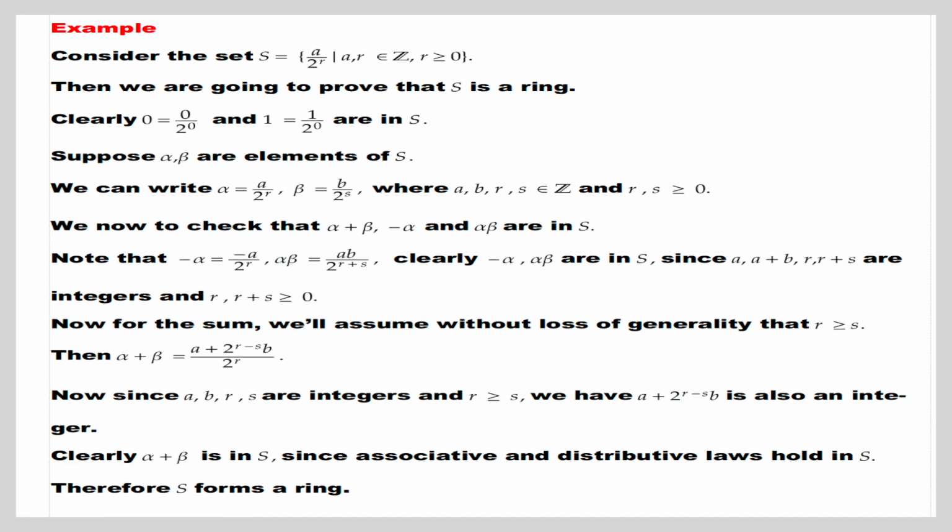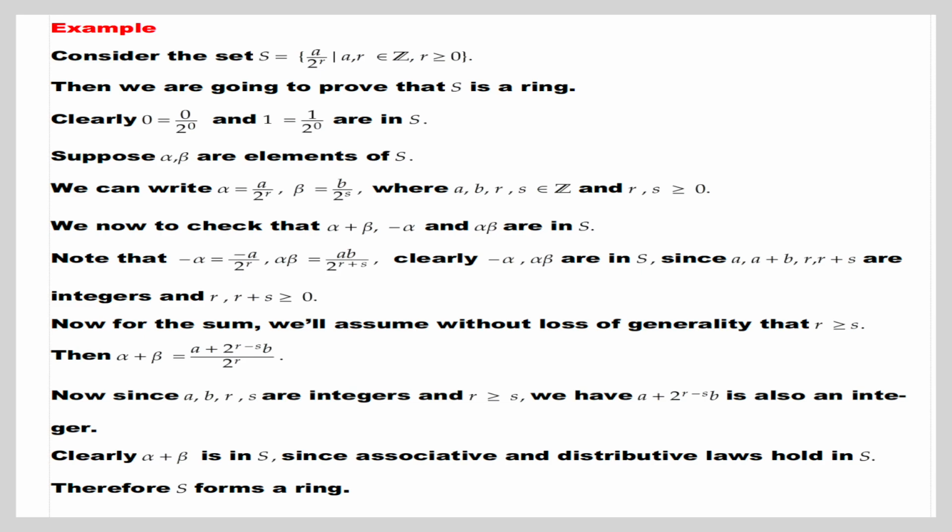We now have to check that α + β, −α and αβ are in S. Note that −α = −a/2^r and αβ = ab/2^(r+s). Clearly −α and αβ are in S since −a, ab are integers and r + s is greater than or equal to 0.